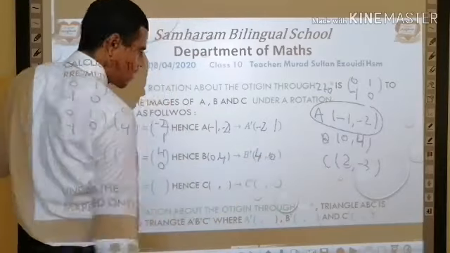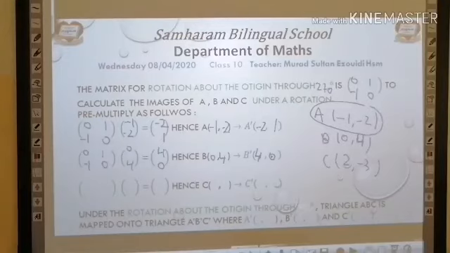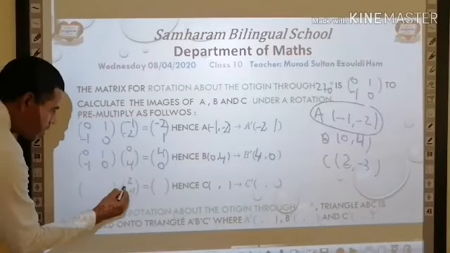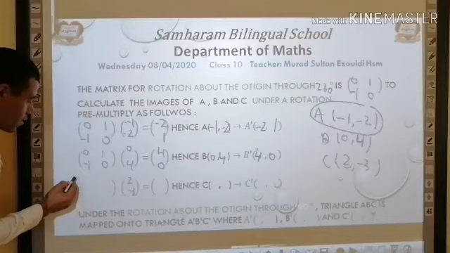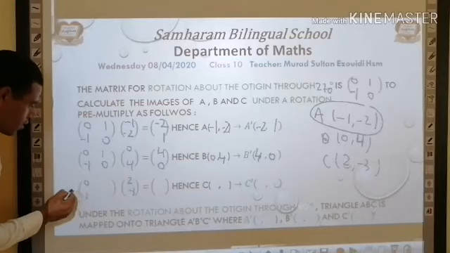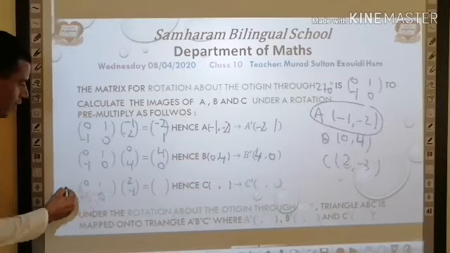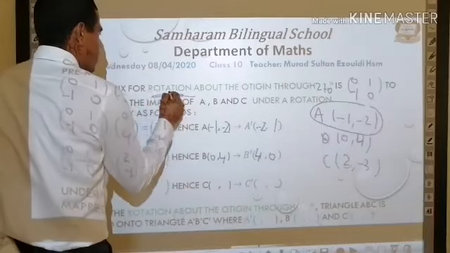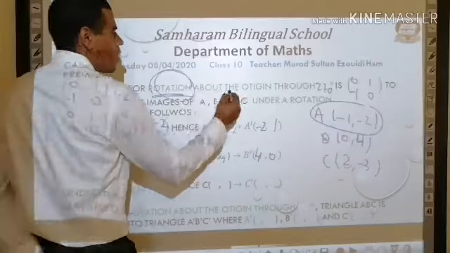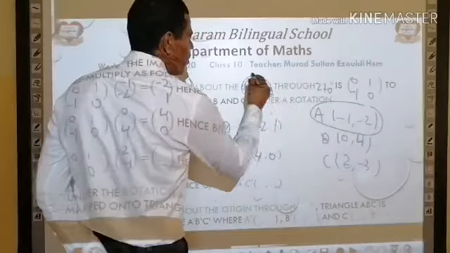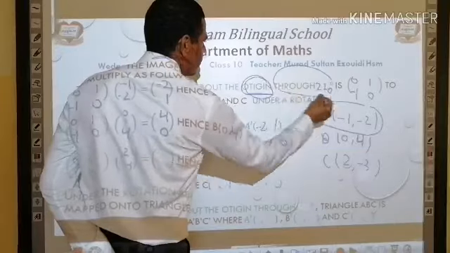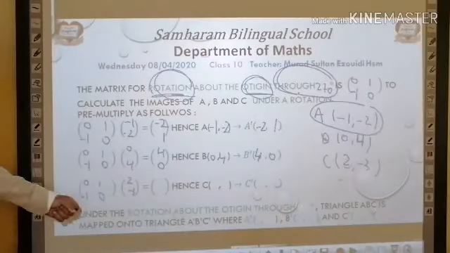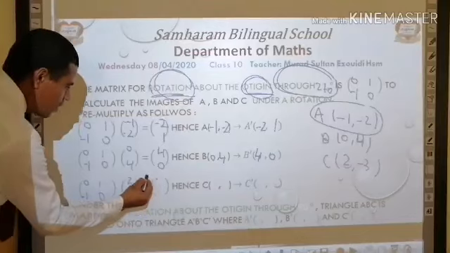Then, the next, 2, negative 3. This is 2, my kids. This is negative 3. This is 0, -1. This is 1, 0. Multiply this by that. Think of it as a rotation about the origin, through 270 degrees. So this one gives only -3.